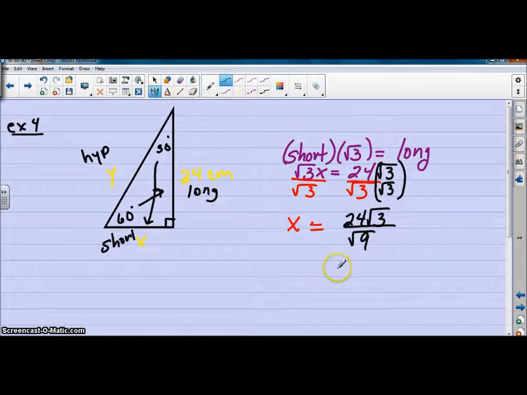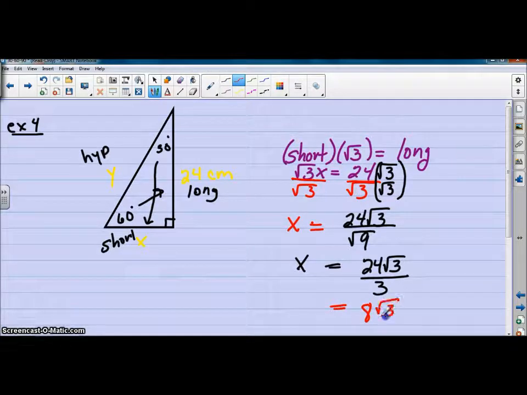So I'm going to have 24 square root of 3 over 3. The 24 over 3 simplifies down to 8. So I really have 8 square root of 3 centimeters is my x value.